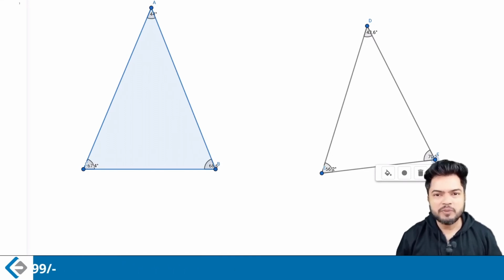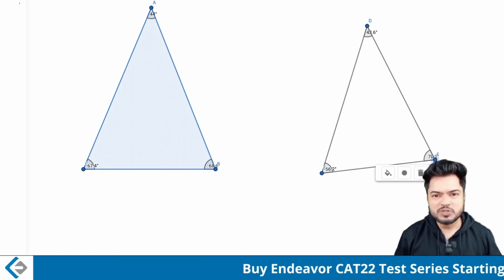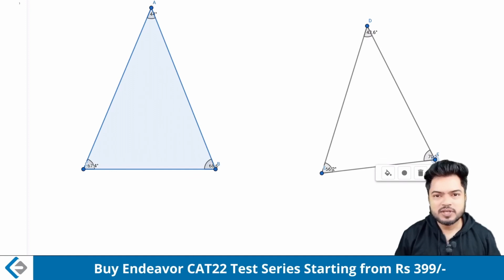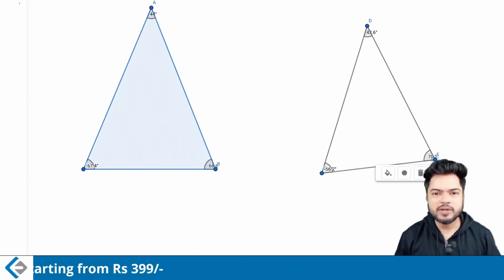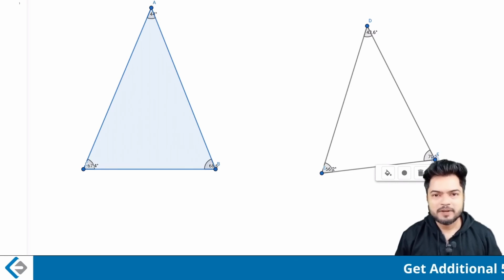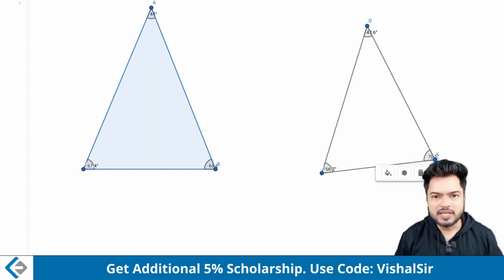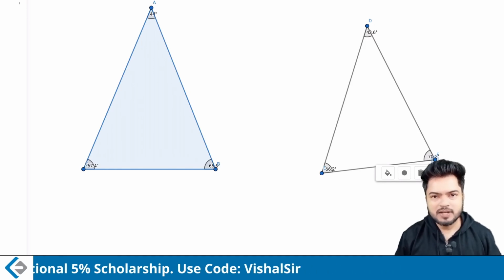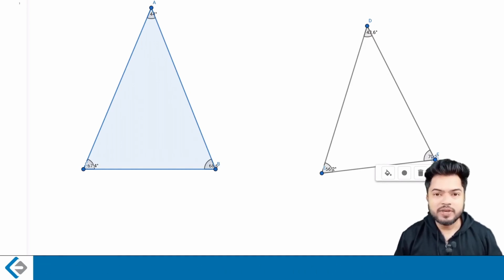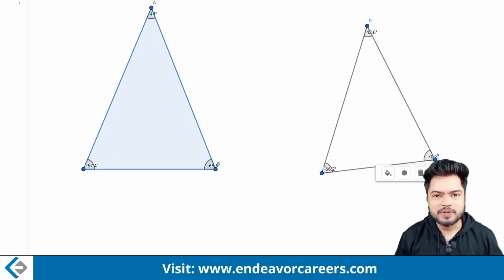I don't know how many tests you study. Then the test for congruency is SSS. Then this test, then that test, solved by this test. Why do you need all those things? You just need to know certain simple concepts to solve problems in CAT. So make sure you know this simple concept, and now we are ready to solve problems on similarity which appeared in the previous year CAT papers.